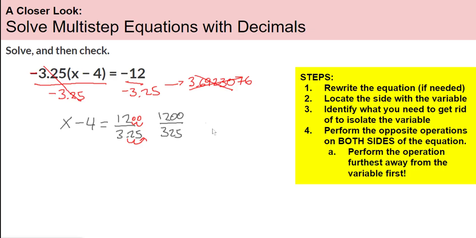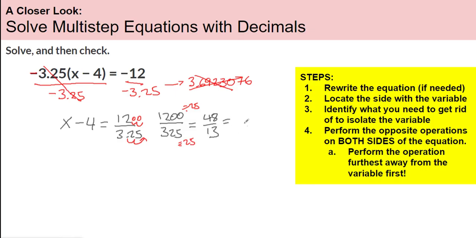Now I have to simplify this fraction. A couple things you can do. You can divide both of them by 25. You can try to divide by other things, but I'm just going to quickly simplify it, and we would get 48 over 13. Now we're going to change this to a mixed number.